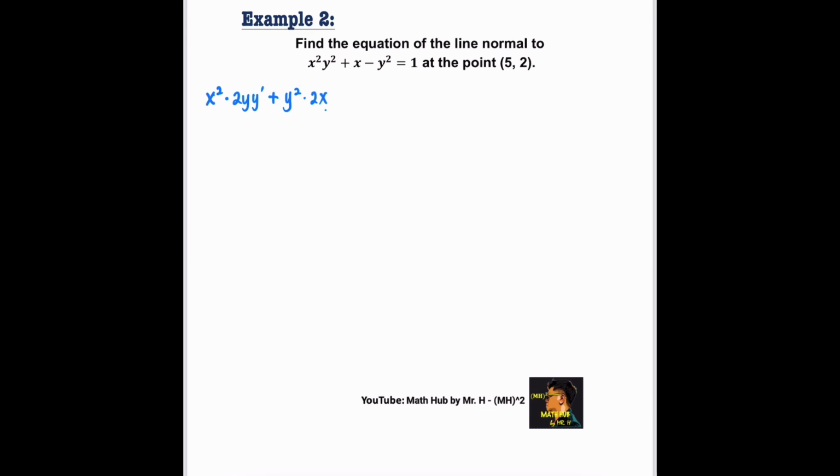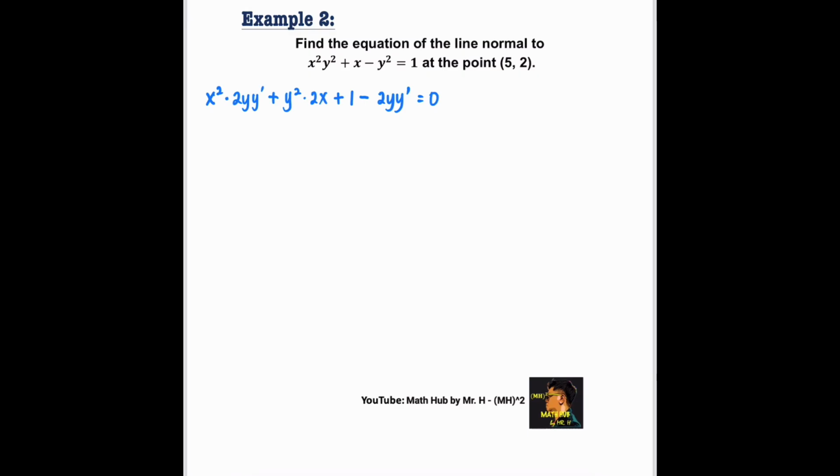So this is the derivative of the first term, plus derivative of the second term is 1, minus derivative of the third term, which is 2y y prime, equals the derivative of constant is 0.